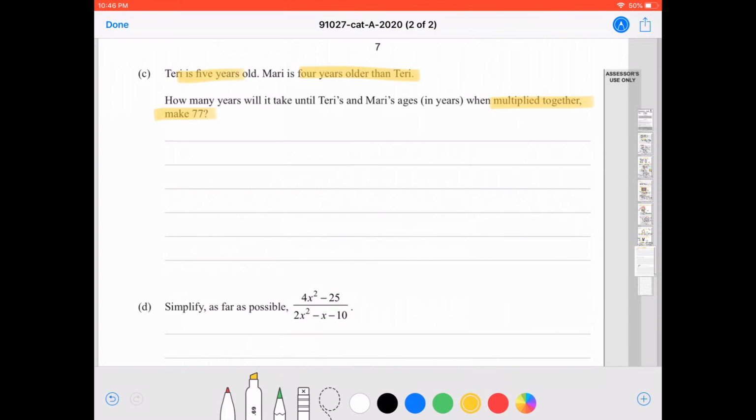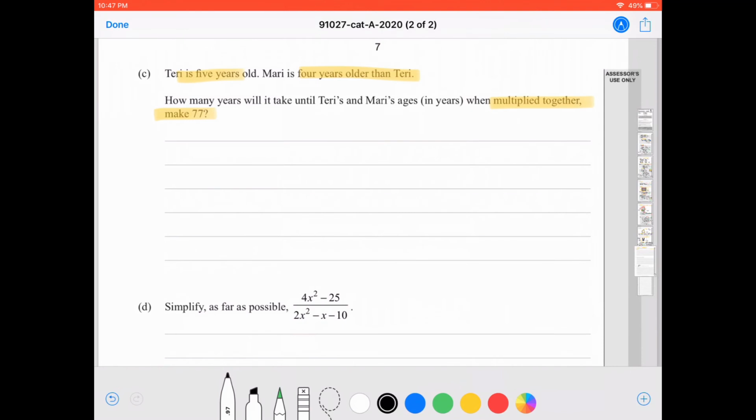Okay, so this one, there are two ways of going about it. You could have the original age as the variable x, and then Murray is 4 years older, so x plus 4, and multiply them.